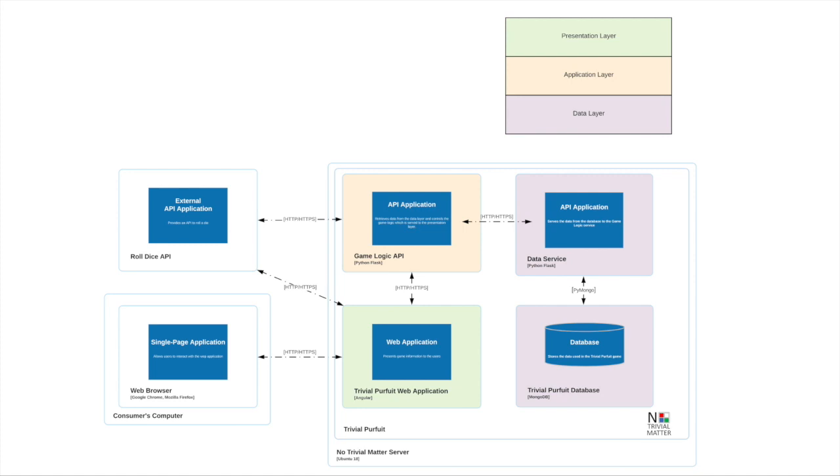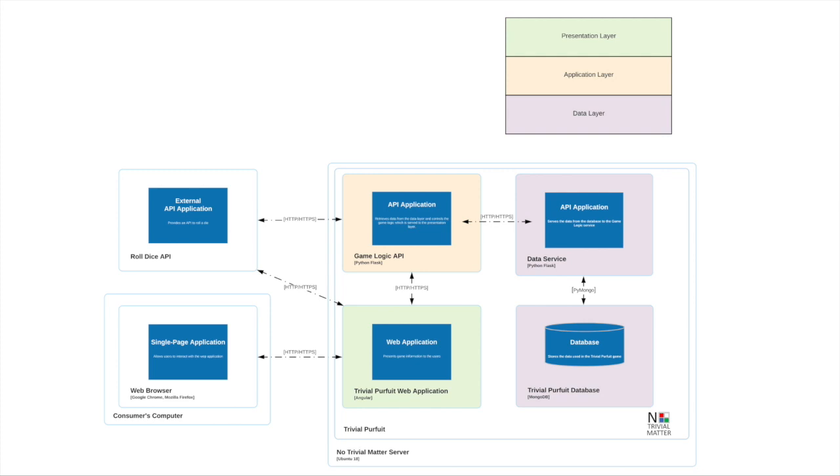The application layer handles all the game logic. For example, this layer manages the players, maintains the state of the game, moves player tokens, awards wedges, and assists in determining possible moves as the players navigate the game board. When the game requires information such as a question for a given trivia square, the application layer contacts the data layer to retrieve information from the database.